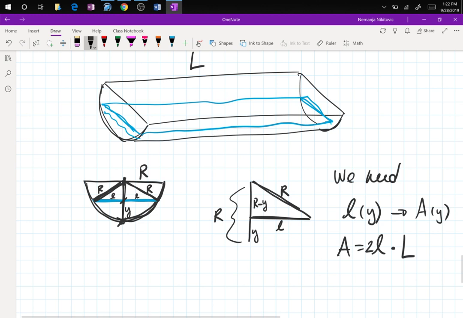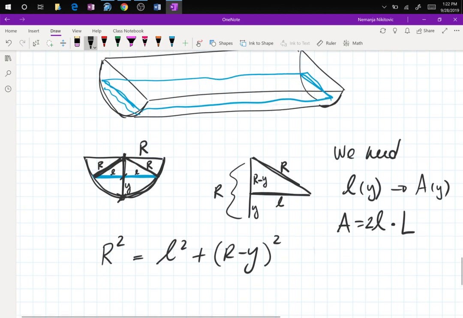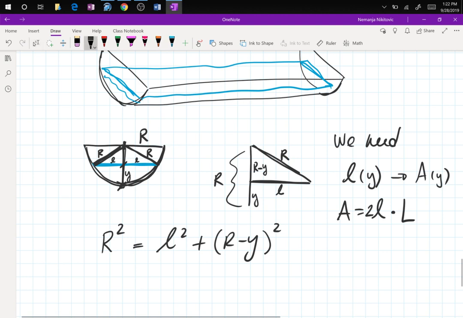So now when you take a look at this picture, you have a Pythagorean theorem here, which is capital R squared is equal to l squared plus (R minus Y) squared. Now, capital R is a number you know, because that's the radius of the trough, right? So you solve this for l. l is going to be the square root of capital R squared minus (R minus Y) squared.